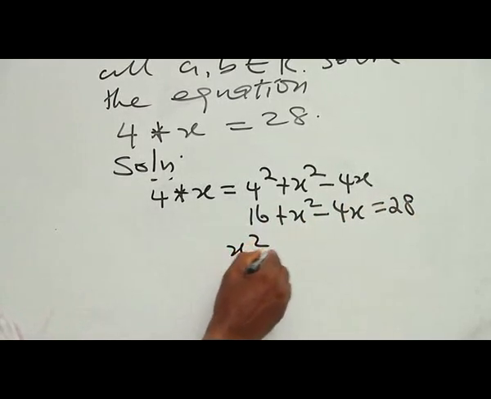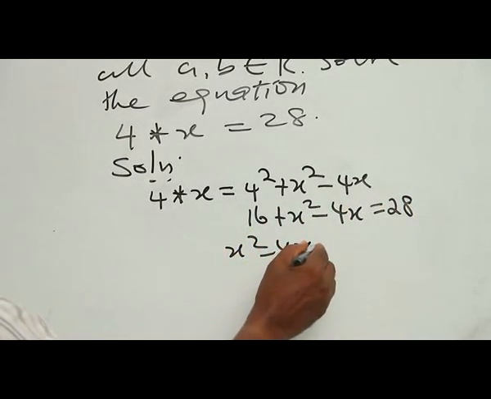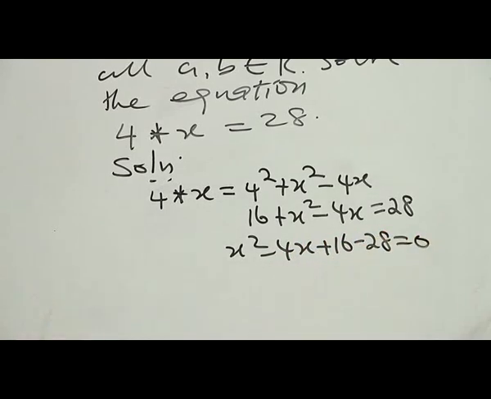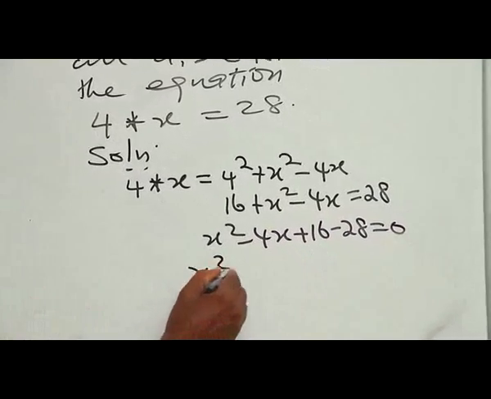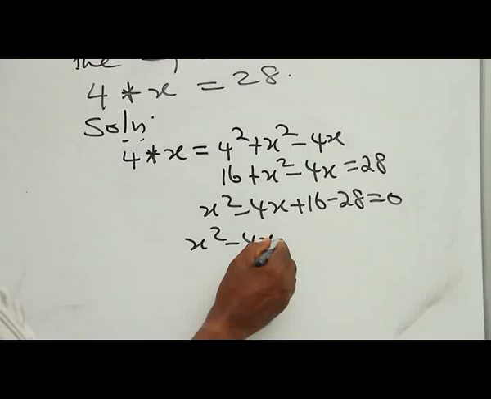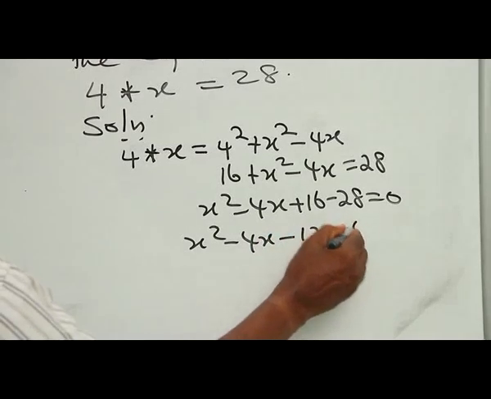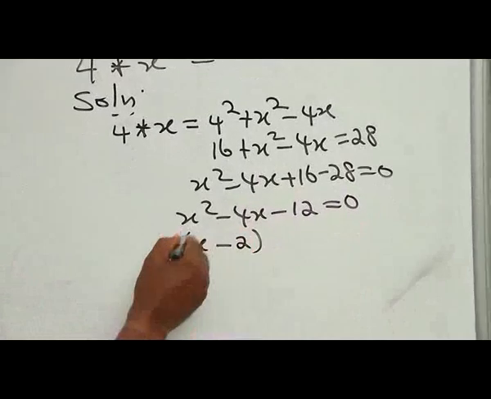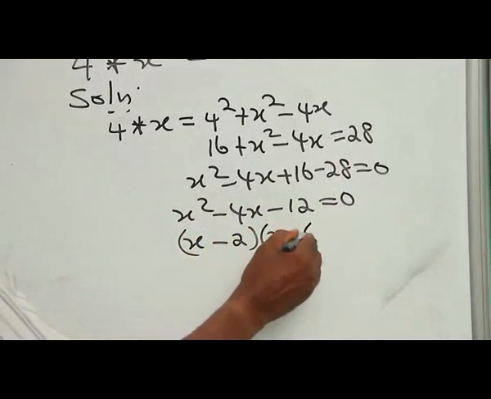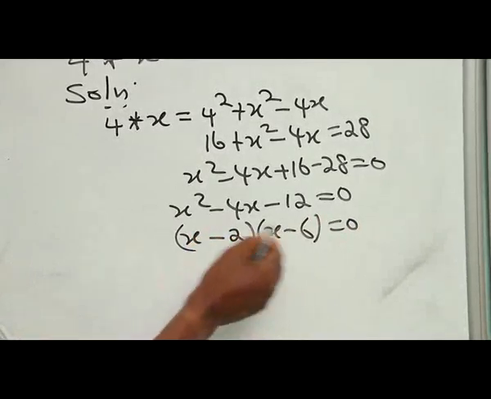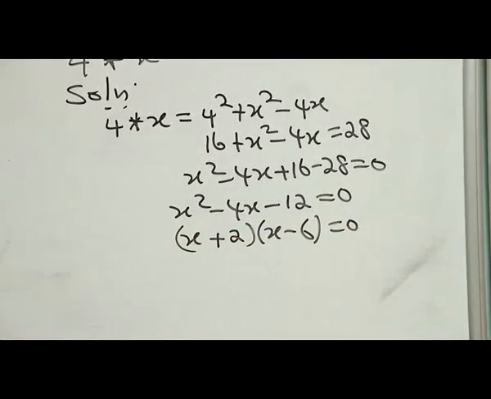Giving us S squared minus 4S plus 16 minus 28 equal to 0. So this is S squared minus 4S minus 12 equal to 0. And then this factorizes to become S into this equal to 0. Let's see, since this is minus, this will be plus.